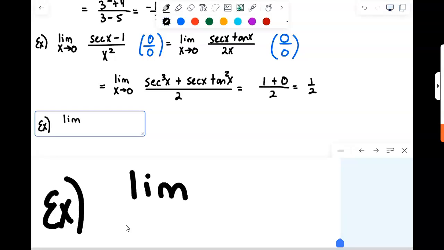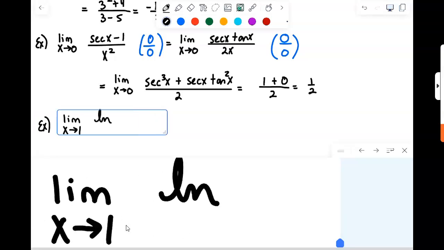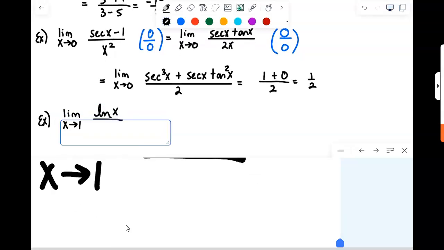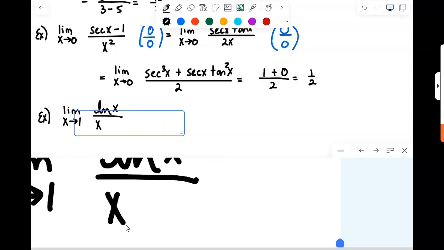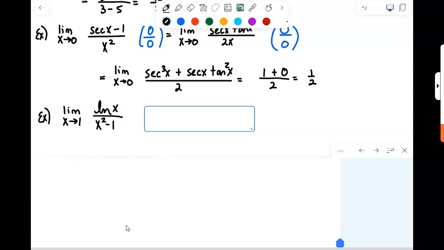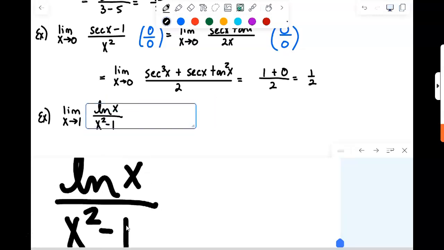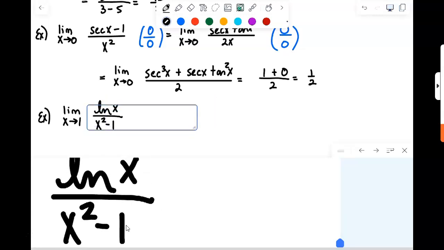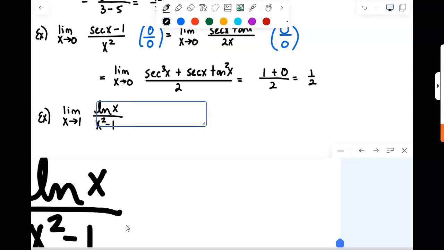Limit as x approaches 1 of the ln of x over x squared minus 1. We really would be very hopeless on this kind of a problem without L'Hopital's rule, I think, because how would you get a zero factor to cancel out?